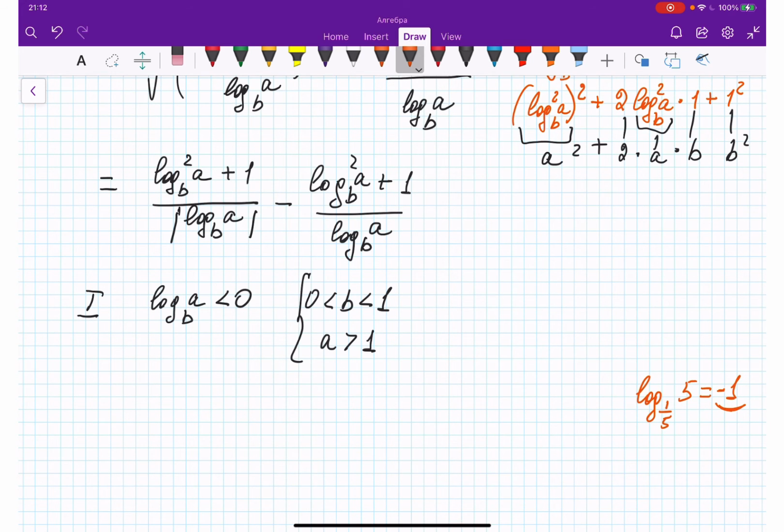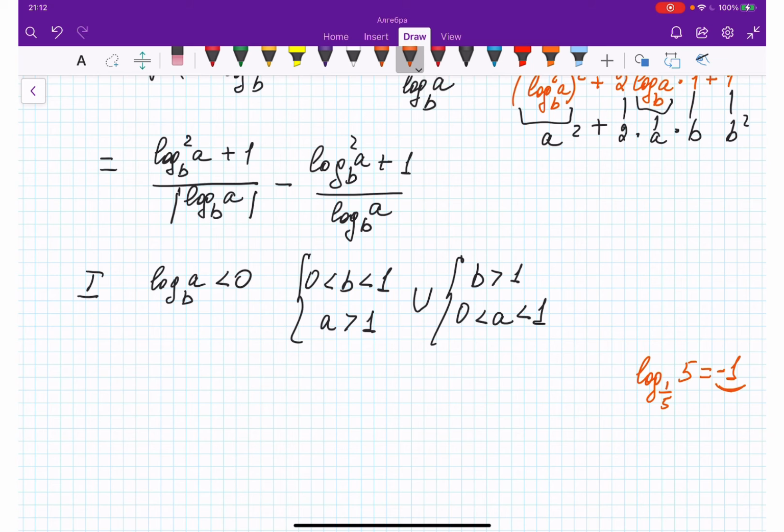Or the other option: b is greater than 1, and a is a positive fraction. Let's check this one also. Let's say I have base 5 here, and I have 1/5. It's still going to be -1, right? Okay.